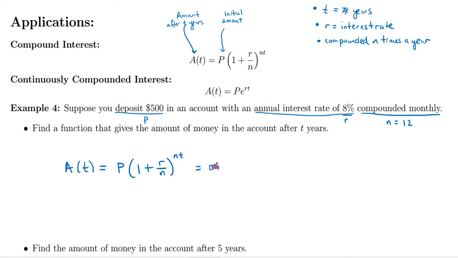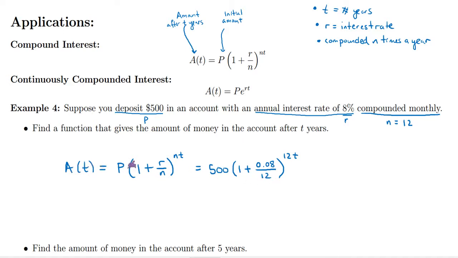This would be 500 times (1 + r), where r is 8%. So we have to convert 8% to a decimal value, because you're not just going to put a percentage there, so 8% is 0.08, divided by n, which is 12, and we will put that to the power of 12t. And that's our answer, right?